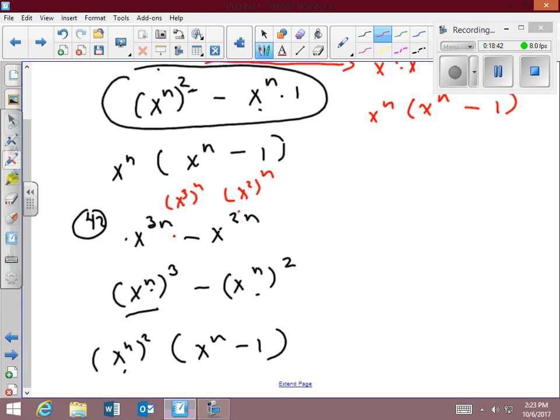Could be written that way, but it does you no good. You have to write it this way to make it worthwhile. See what I'm saying? You got to be able to think about how to write it. It's going to make it worthwhile to be able to use it to factor. Does that make sense?